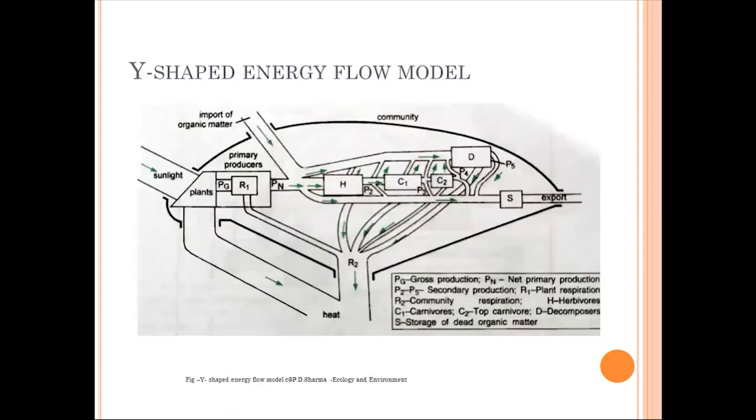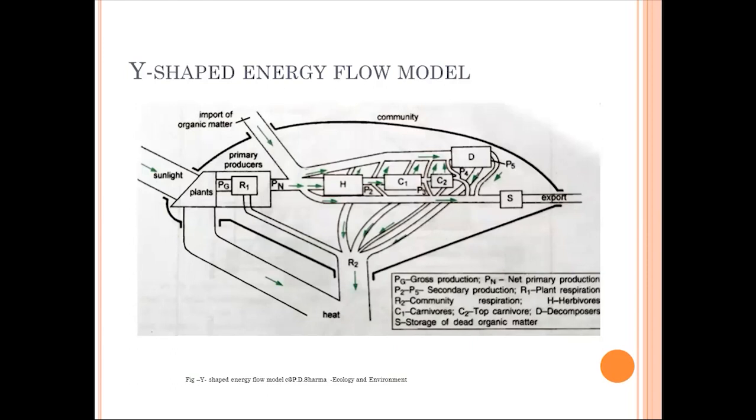Then the second model is the Y-shaped energy flow model. It is also known as the two-channel energy flow model. It says that in nature there are two kinds of food chain. We have seen this previously. There is a detritus food chain and a grazing food chain.